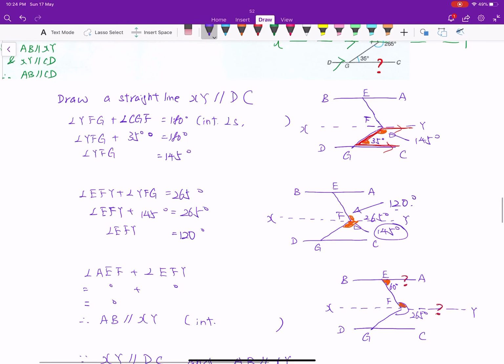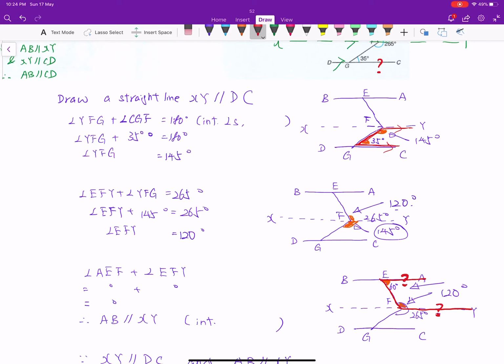Okay, after we have found this one, and angle AEF given is 60 degrees, we are now going to check if AB is parallel to XY. So you can see we have a U shape again here. So we check if these two angles could sum up to 180 degrees.